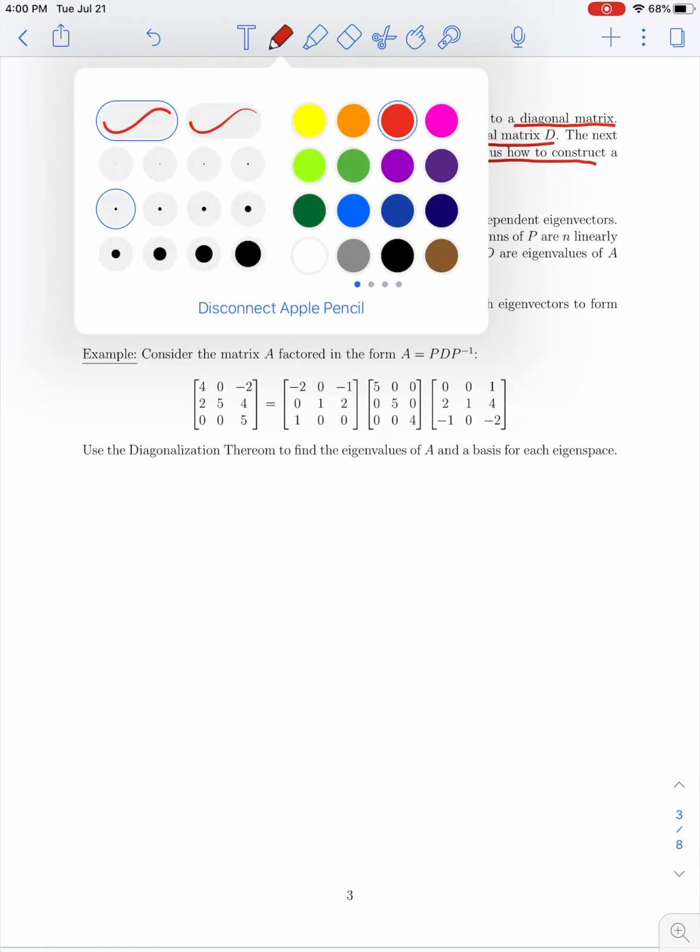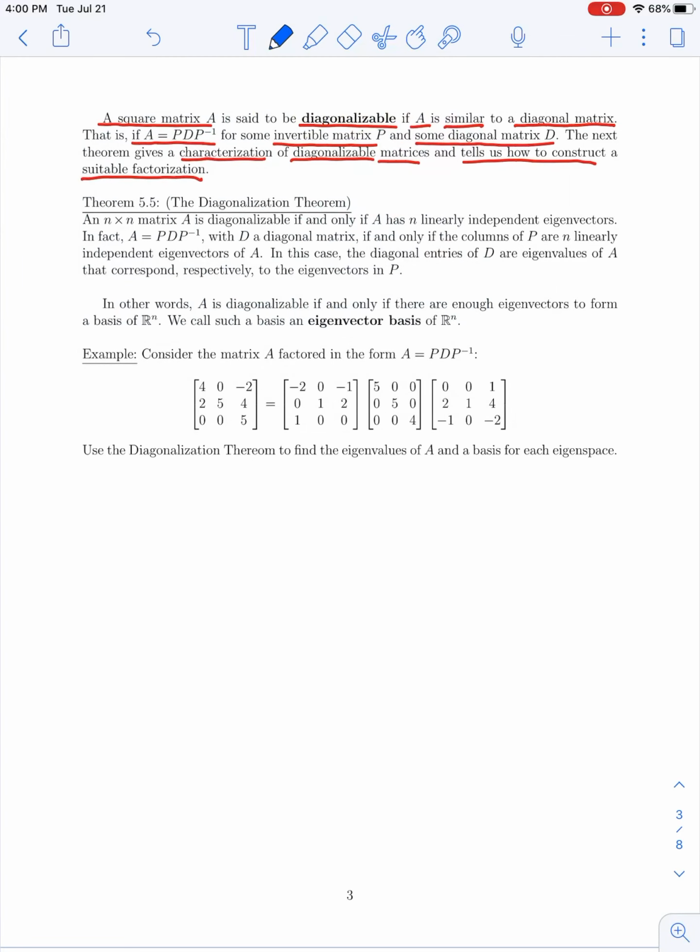The following result, theorem 5.5 from your text, is called the Diagonalization Theorem, which says that a square matrix A, in particular an n by n matrix, is diagonalizable if and only if A has n linearly independent eigenvectors.